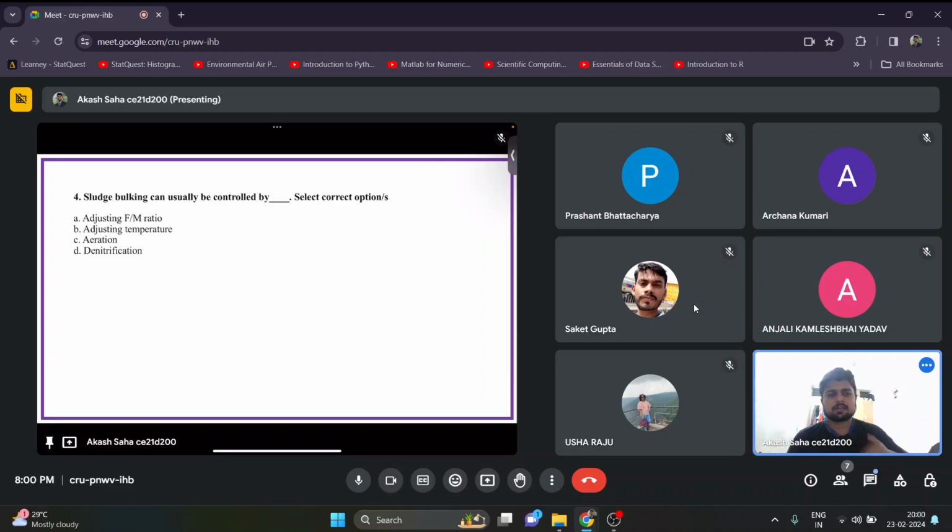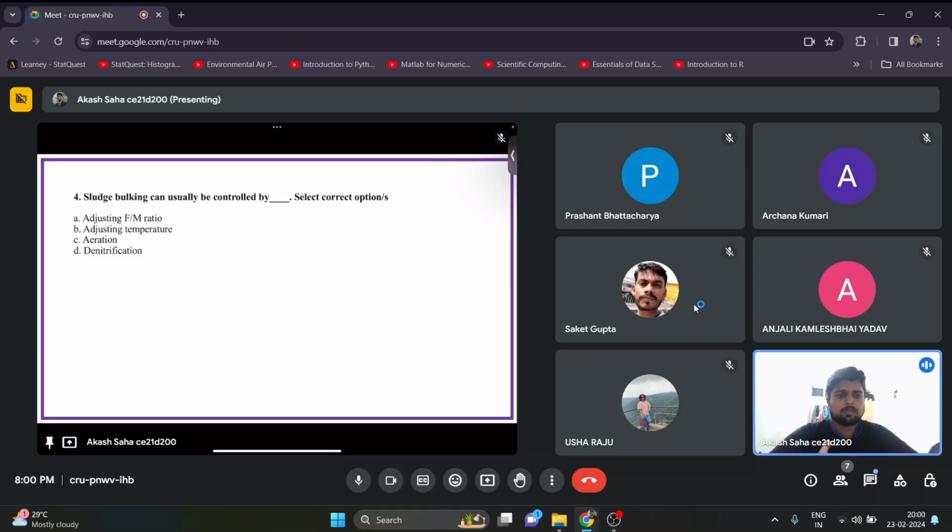As taught in the videos also, the F by M ratio should be neither very high nor very low. We have to come to a sweet spot.